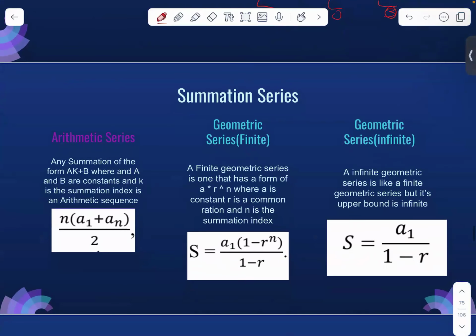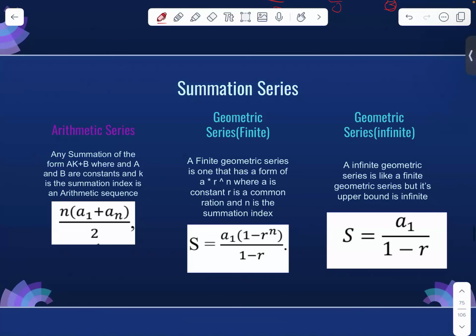All right. So you also have different types of summation series. These are just more shortcuts. Any summation that has a_k plus b, where a and b are constants and k is the summation index, is going to be called an arithmetic series.